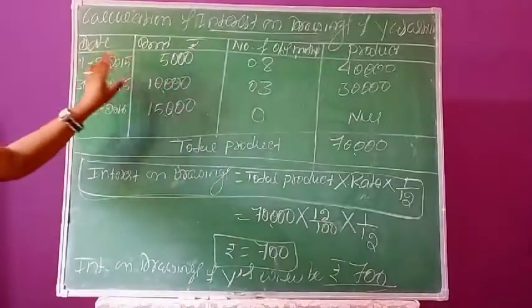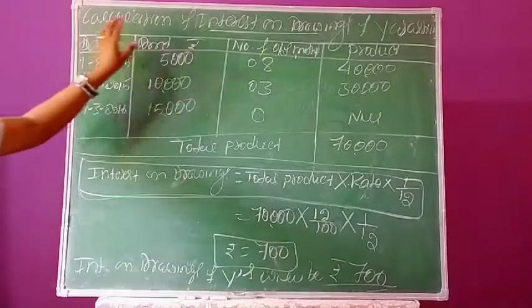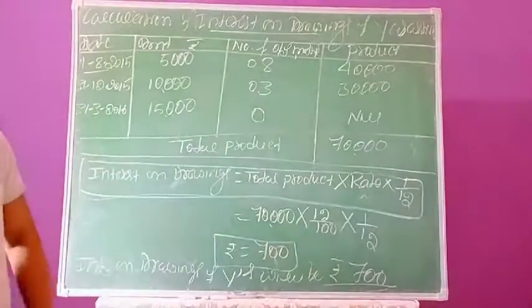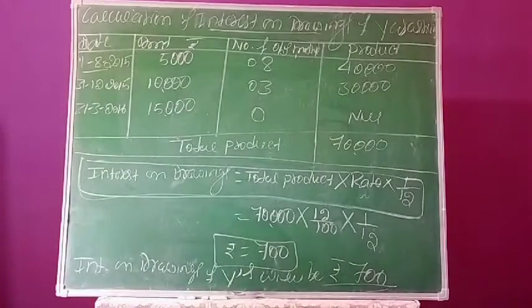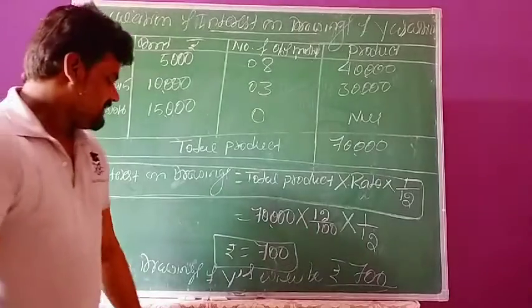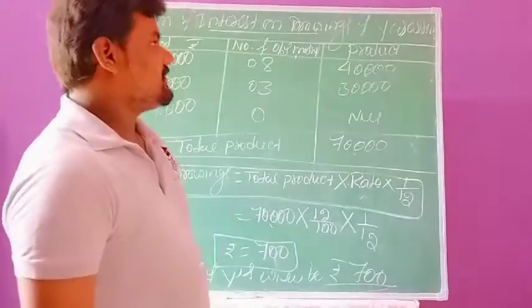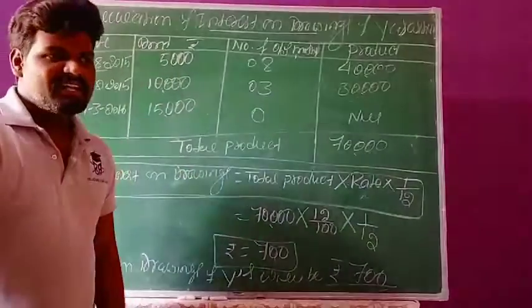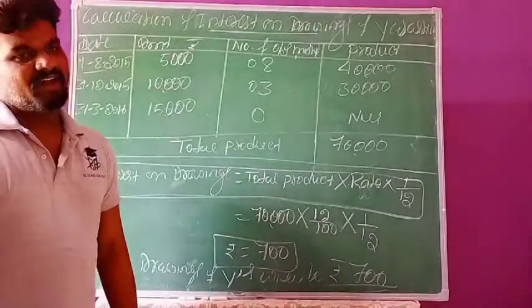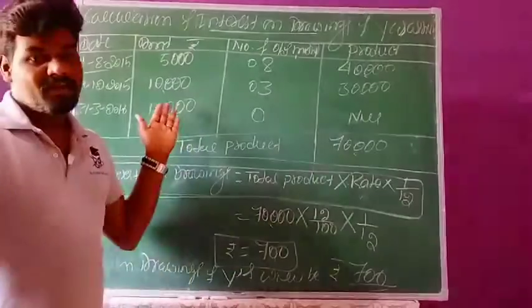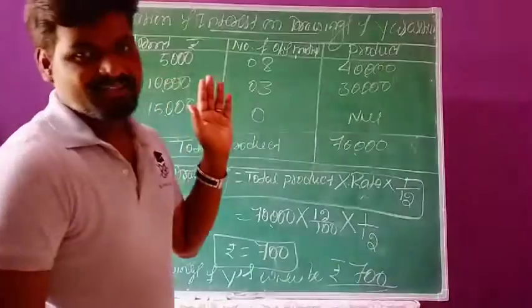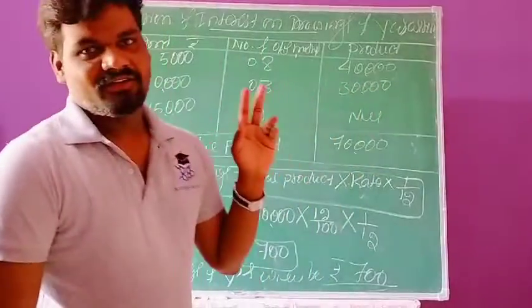In this session, we calculated by the product method. By applying this product method, we ascertained interest on drawings. We will discuss a couple of questions on the same method in the next class. Okay, thank you.